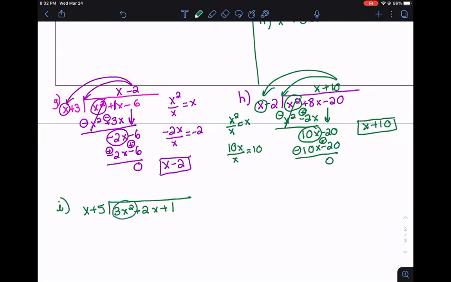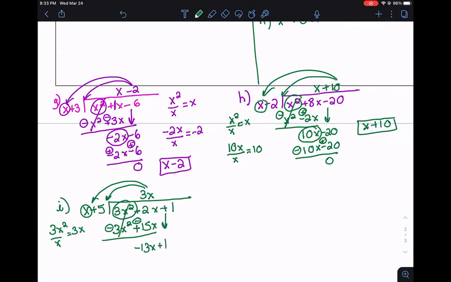So 3x squared divided by x would occur first. We're left with 3x. That goes on top. 3x times x is 3x squared. You notice that if those terms are the same, you're doing this right. 3x times 5 is going to be 15x. Subtract, subtract, and I'm left with these canceling, -13x.